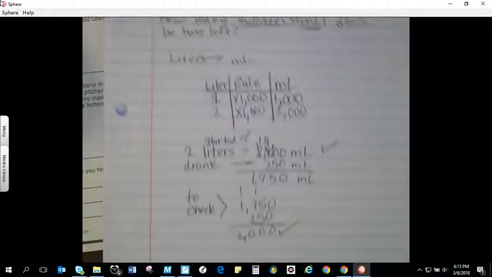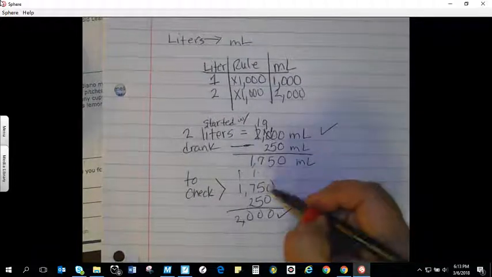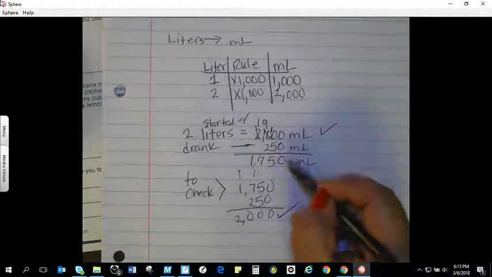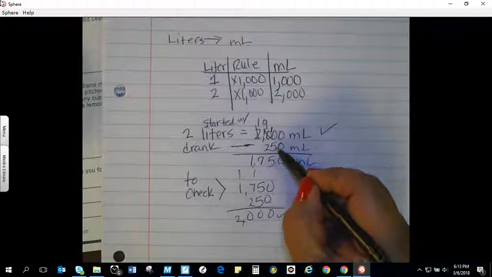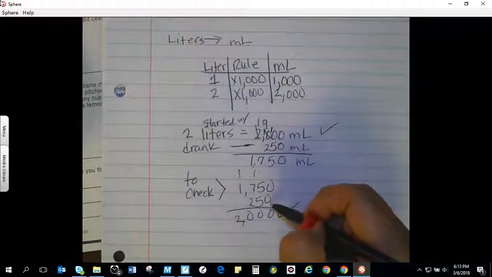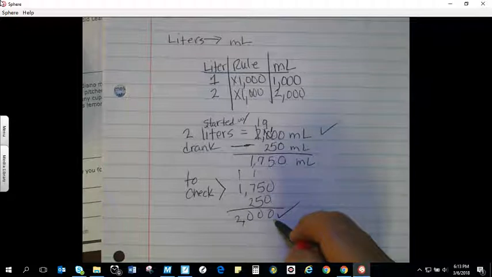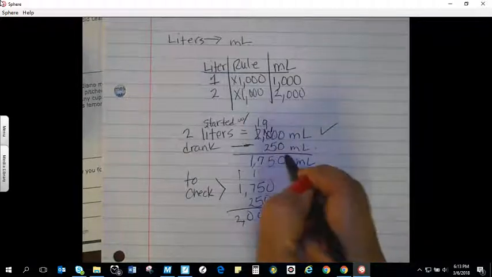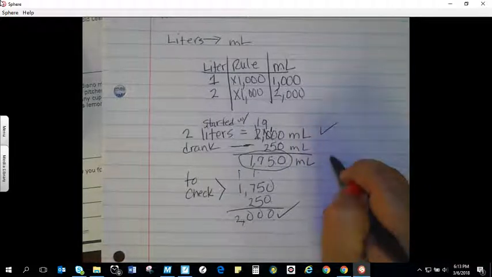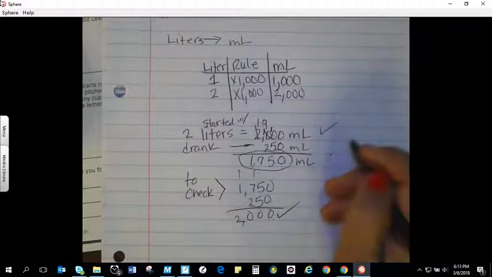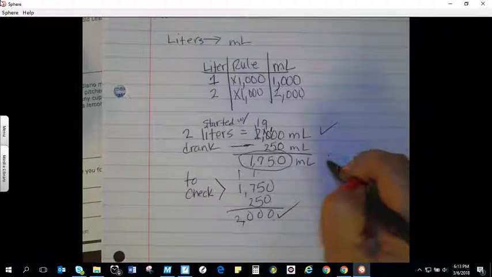See, what I did was I took my difference, added back in the 250 to get my 2,000. And so my answer of 1,750 milliliters is correct. This is what he has before the end of the game.